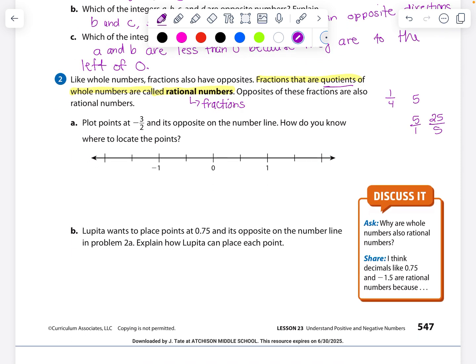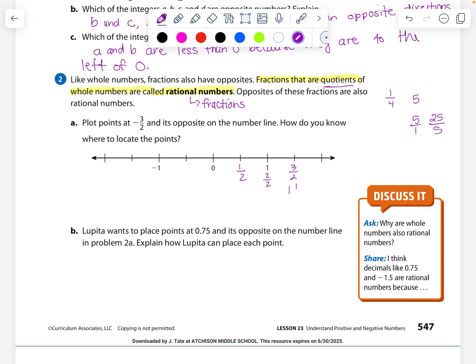A says plot points at negative 3/2 and its opposite on the number line. How do you know where to locate the points? So step 1, we're going to label the number line. We've got 0 and 1, and it's cut in half, so I'm sure you're noticing that that's counting by halves. 2 halves is equal to 1. So we could write this as 3 halves.